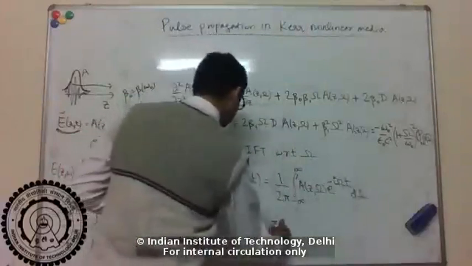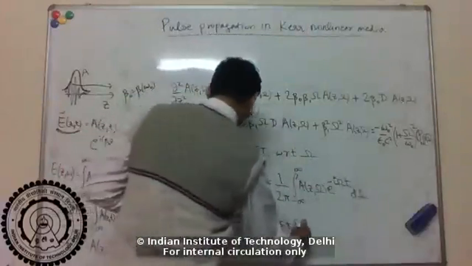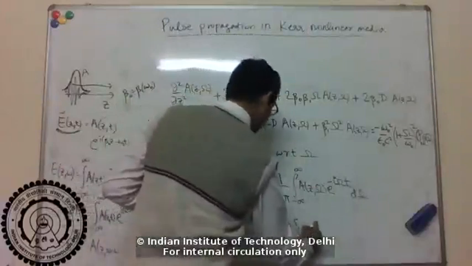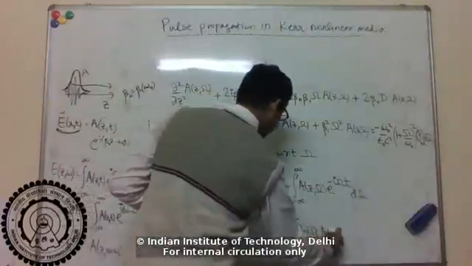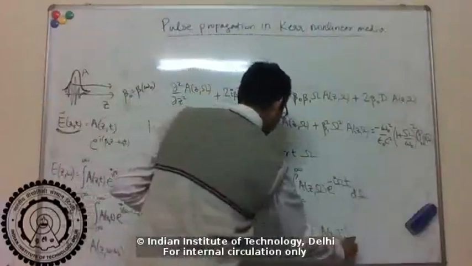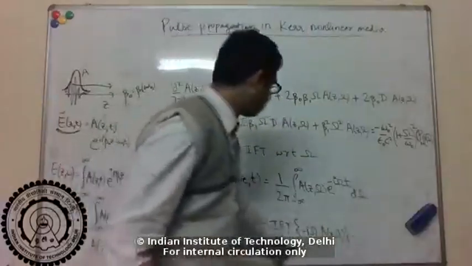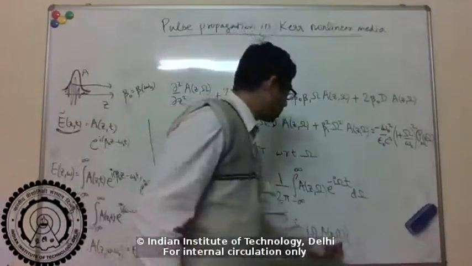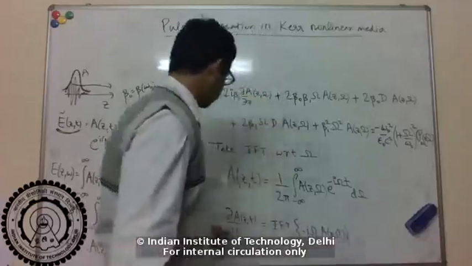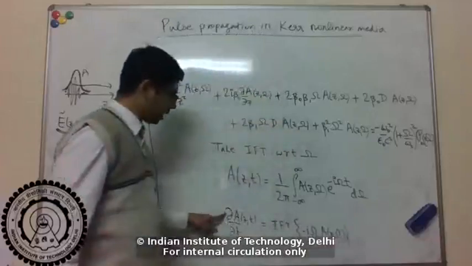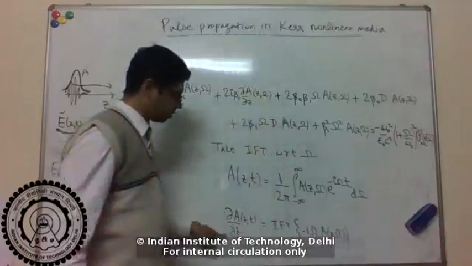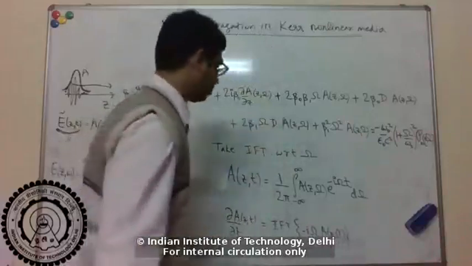So this becomes the inverse Fourier transform of i omega A z omega, right? So whenever I have a factor of omega with this A z omega, when I go back to the time domain, I get a derivative of time, right?